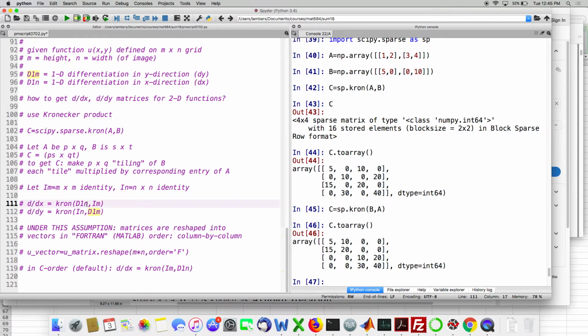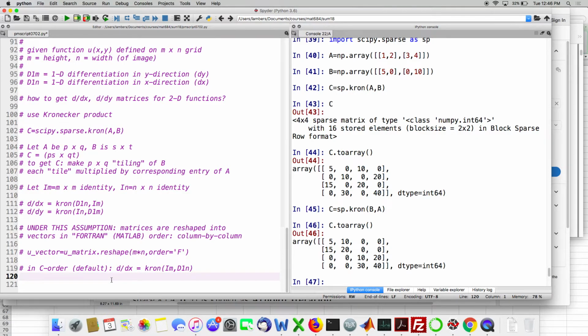Whereas in the case of differentiation with respect to x, neighboring x values are spaced m apart. So that's why we have these m by m identity matrices, and then those are tiled and multiplied by the appropriate entries of this matrix.